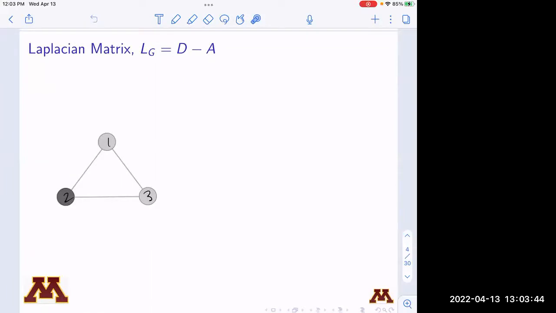So to calculate the Laplacian matrix, here's an example. We take the degree matrix and we subtract the adjacency matrix. So for this simple graph here, vertex 1 has 2 neighbors, vertex 2 has 2 neighbors, and vertex 3 has 2 neighbors.